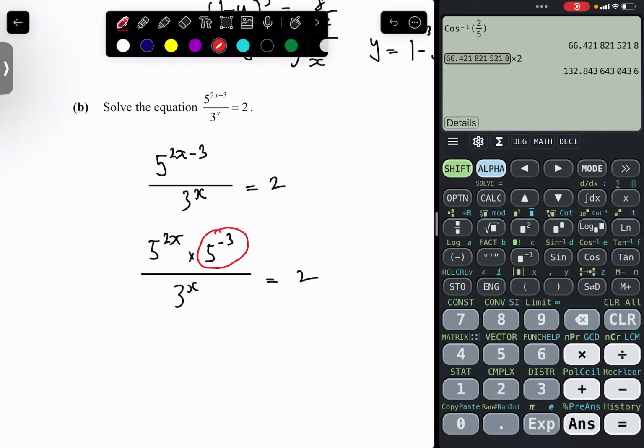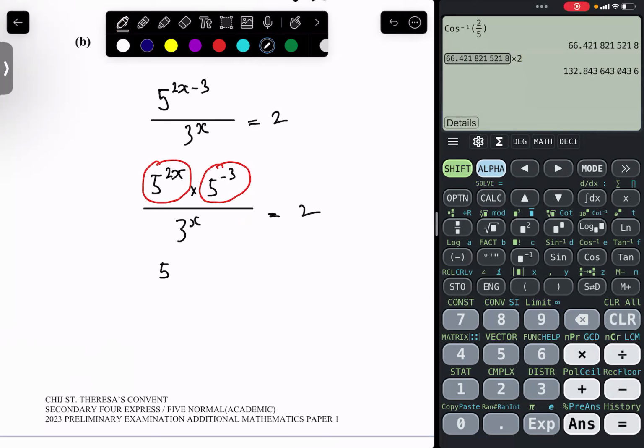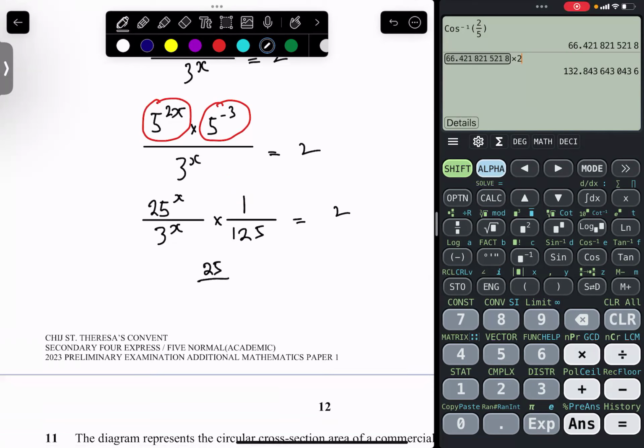Now, once I separate this out, I know that this is a value itself, so I can simplify this as well. I can have 5 to the power of 2x, that is 25 to the power of x, over 3 to the power of x, multiplied by 1 over 125 equals 2. Cross multiply the 125, I will have 25 over 3, to the power x, equals 250.